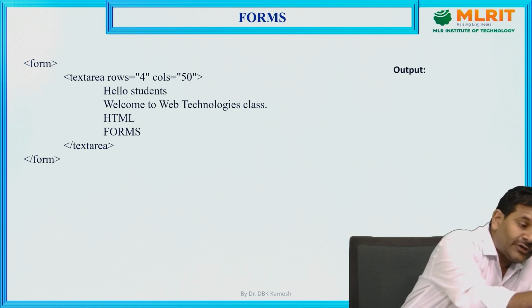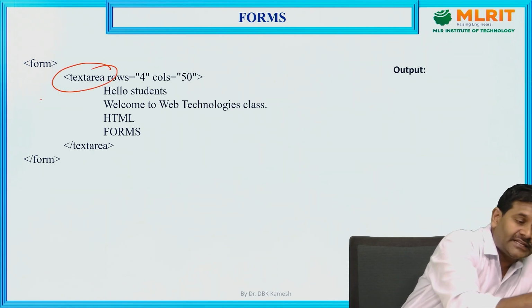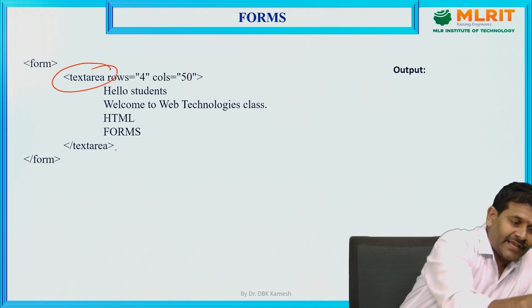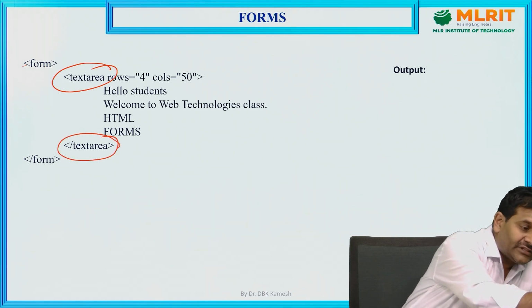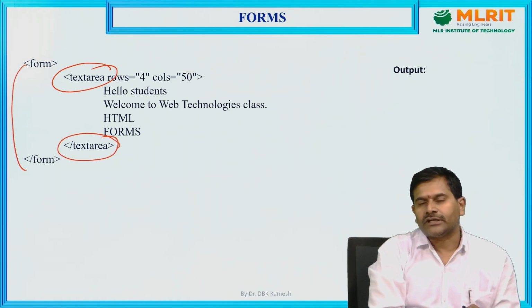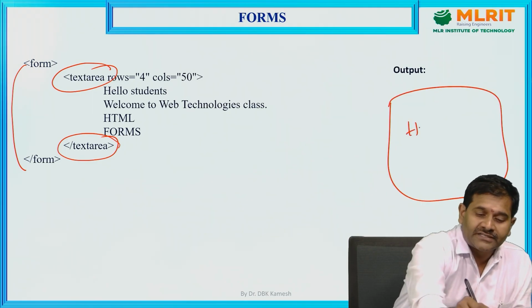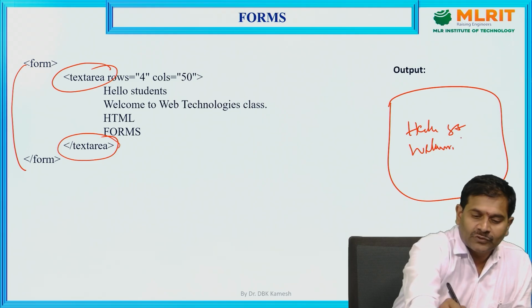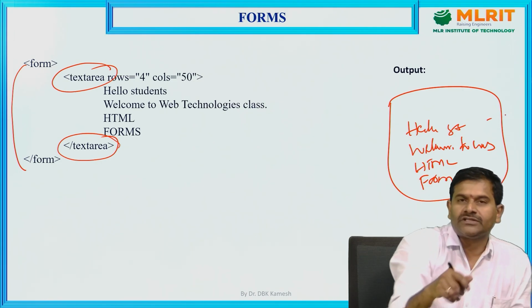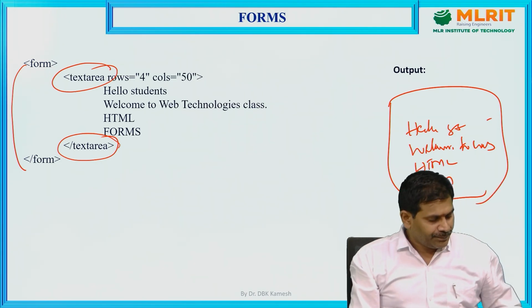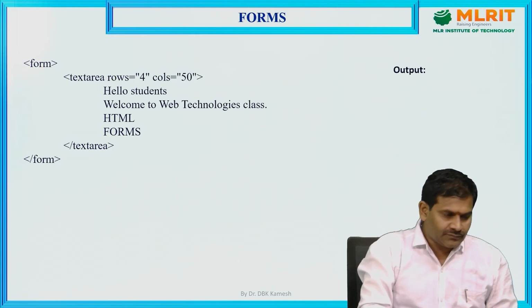You need to write this text area tag within the form tag. Then the output looks like this: hello students, welcome to web programming, HTML, followed by forms and so on, which is shown here. This is the text area.